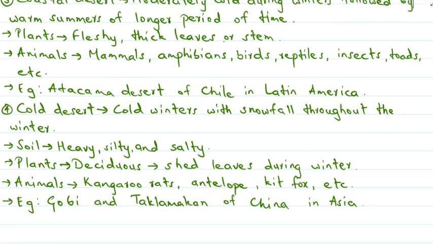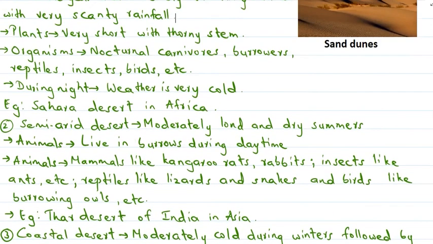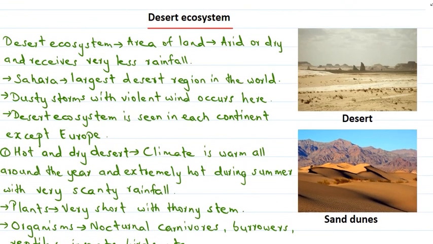Now just quickly revise the things that we have covered today. So today we studied about the desert ecosystem. We already knew that the desert ecosystem is a type of terrestrial ecosystem. So desert ecosystem is the area of land that is arid or dry and receives very less amount of rainfall.